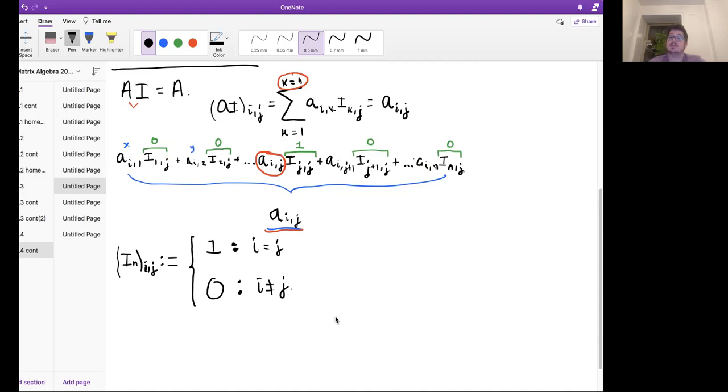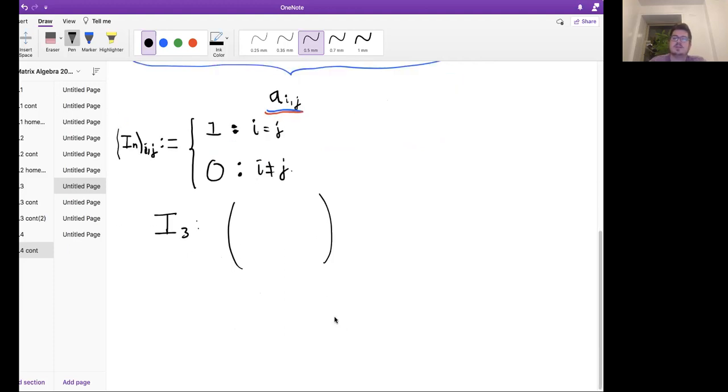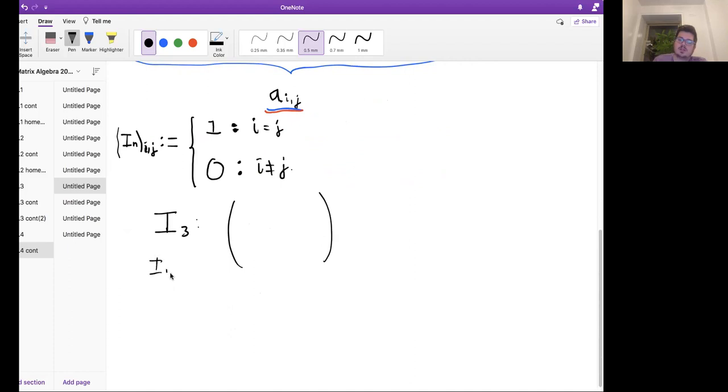So let's say what this looks like. So let's look at I3. What goes here? What goes in the first entry? What goes in the 1-1 entry? So in the 1-1 entry, i is equal to j. So you get a 1.